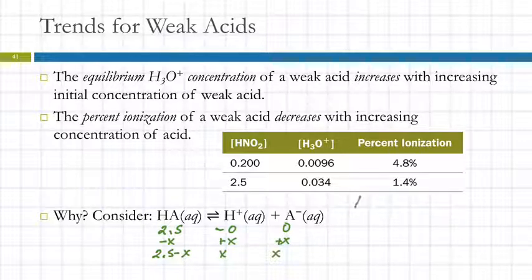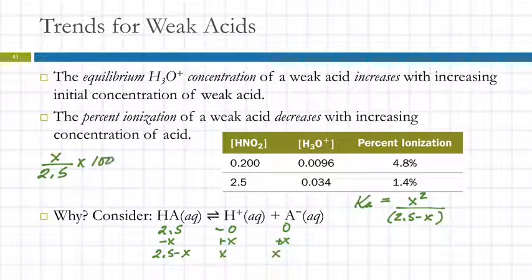We end up with Ka, which we don't know here, is x squared over 2.5 minus x. When we calculate the percent ionization, that's going to be x over the 2.5 times 100. I'm really curious to see if this is going to go anywhere useful.